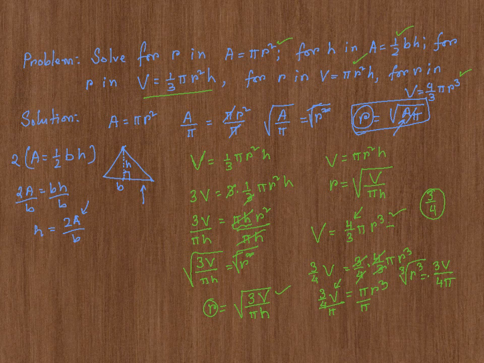Remember, this is r cube, so we have to take the cube root. So on the left hand side, I'm going to get r. On the right hand side is going to be the cube root of 3v over 4 pi. Remember, this cube root is on the whole thing, 3v over 4 pi. Okay, so this is the radius of a sphere.